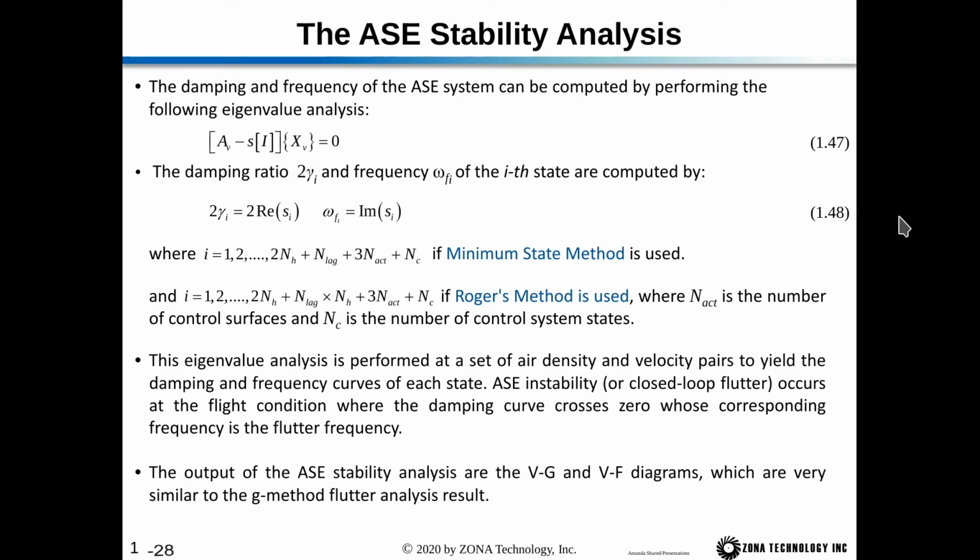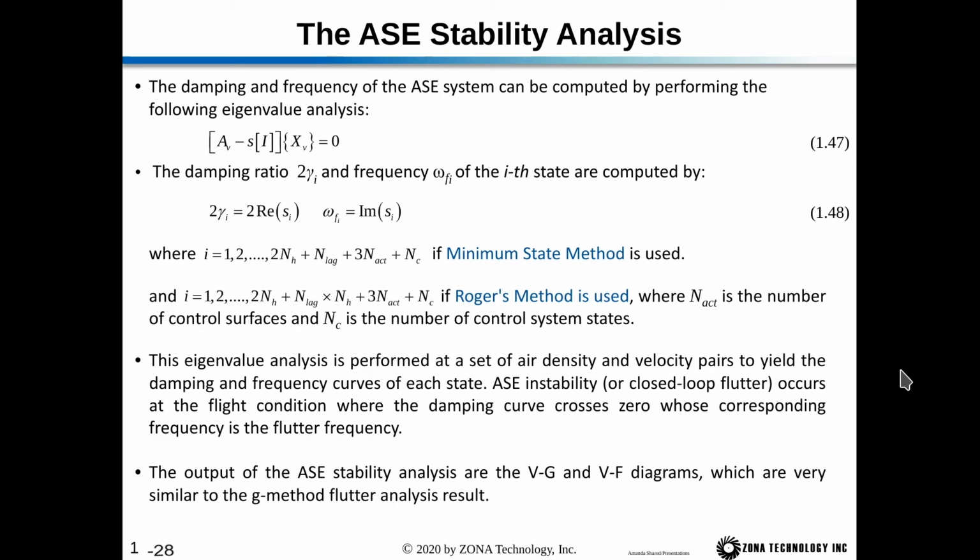The damping ratio, 2 gamma i, and the frequency, omega Fi, of the ith state are computed here in equation 1.48. So 2 gamma i is 2 times the real part of Si, and omega Fi simply equals the imaginary part of Si. And i varies from 1 to the number of total states.